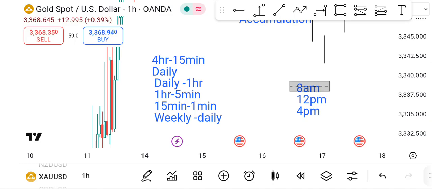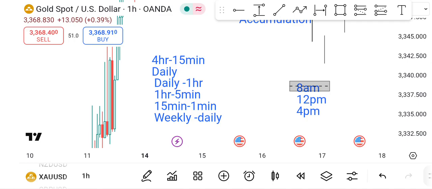According to time frames, when you spot a CRT on the 4 hours time frame, you are supposed to scale down to the 15 minutes time frame for entries. When you identify a CRT formation on the daily time frame, you scale down to the 1 hour time frame for entries. On the 1 hour time frame, you scale down to the 5-minute time frame for entries.